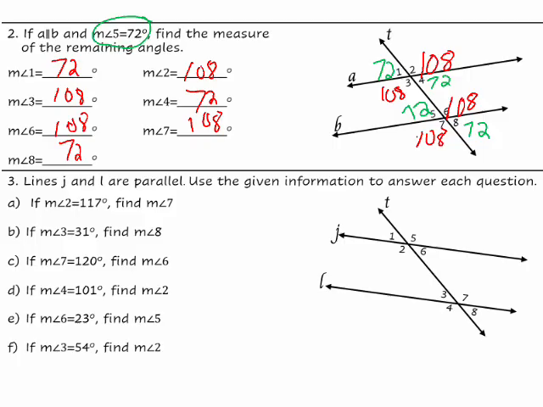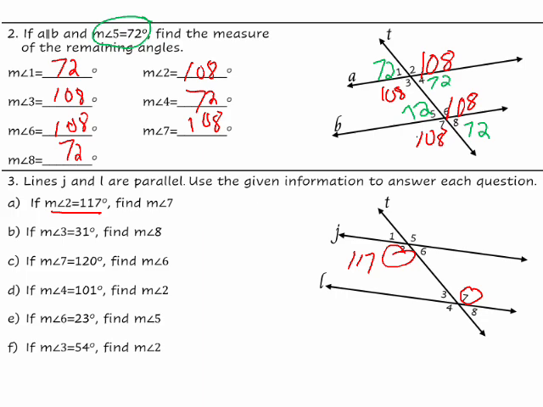Okay? Lines J and L are parallel. Use the given information to answer each question. Now be careful with this because these are all conditional. It's saying if angle 2, it's not saying that it is, but if angle 2 is 117 degrees, find angle 7. So you first have to identify the relationship.